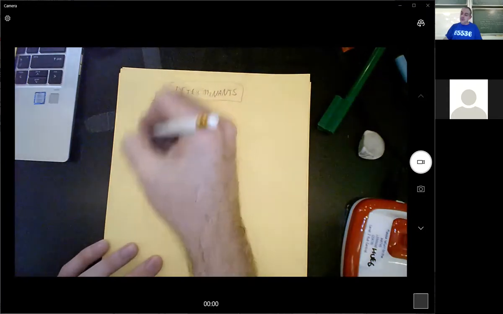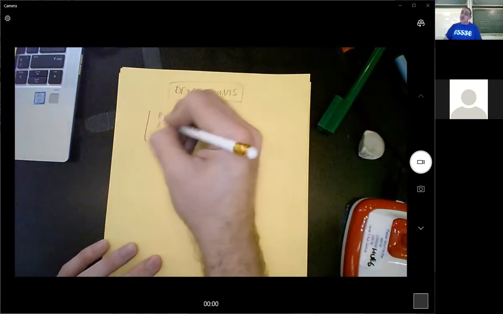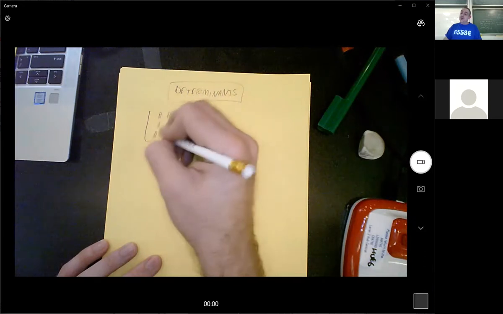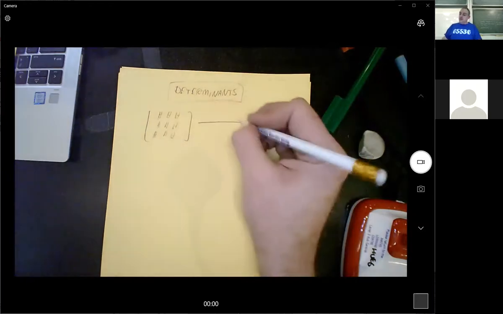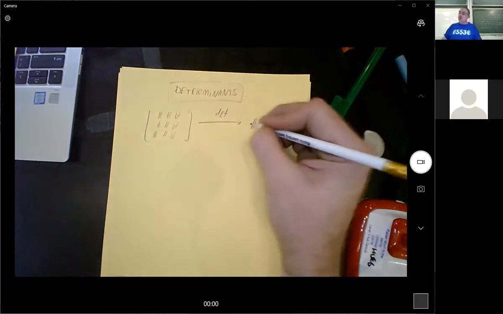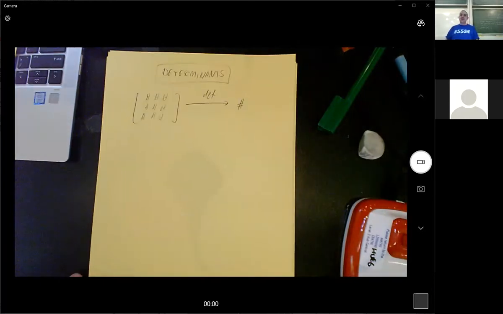So you've got a square matrix. It can be 3 by 3 or 4 by 4 or 2 by 2 or whatever. And when you do the determinant, you get a single number calculated from all of these. And the process of calculating that can be quite complicated if it's a big matrix.